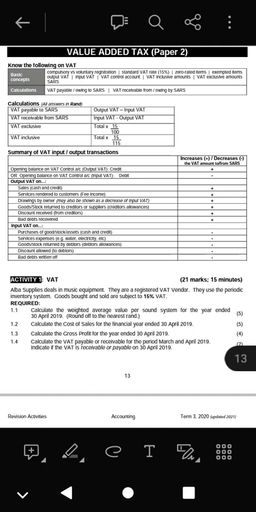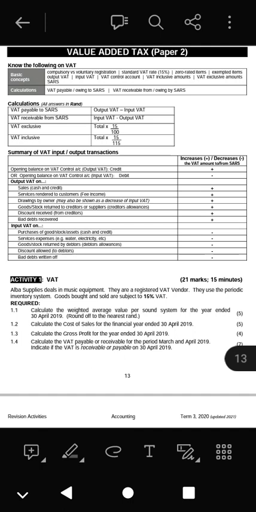We also have input tax. When is input tax charged? Input tax is VAT charged or paid by a business enterprise in acquiring goods or services from another VAT vendor. The input tax is included in the cost of the goods or services.